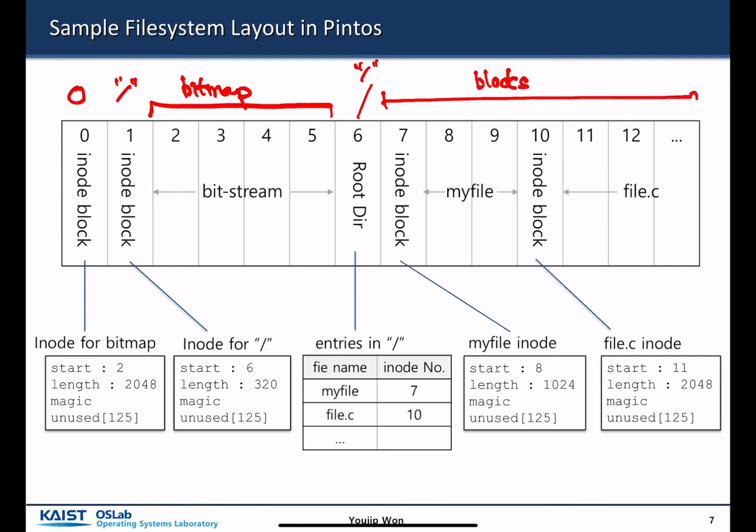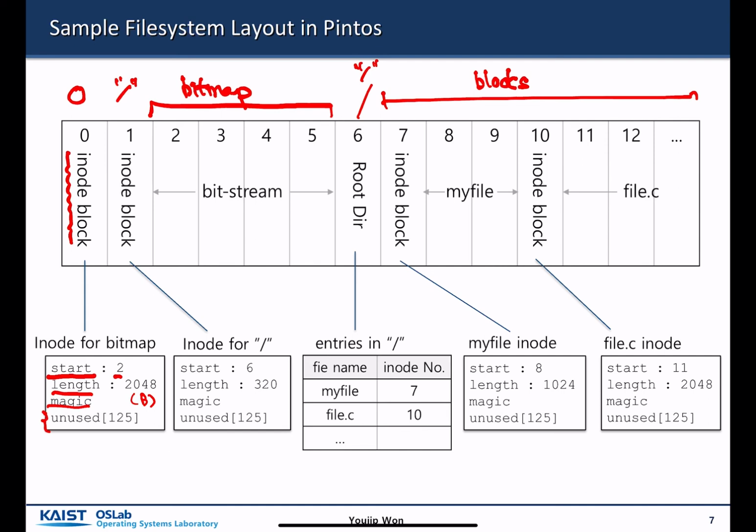Let's look at the contents of block number 0. This is an inode block for the bitmap. And in Pintos, each file block is represented by the start address and the length. It says that the start address of its contents is block number 2, and the length of the file is 2048 bytes. The unit is byte, and then comes a magic number, which is set as part of this data structure design.